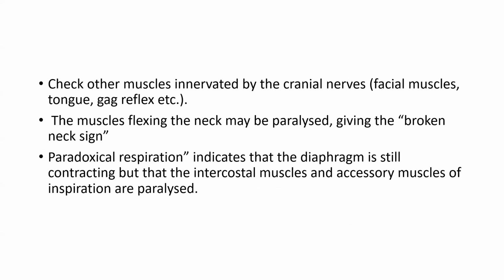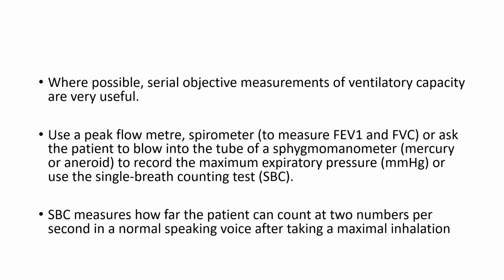Paradoxical respiration indicates the diaphragm is still contracting, but the intercostal muscles and accessory muscles of inspiration are paralyzed. Where possible, serial objective measures of ventilatory capacity are very useful.